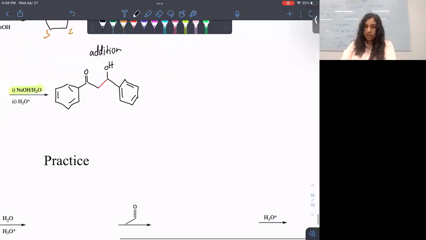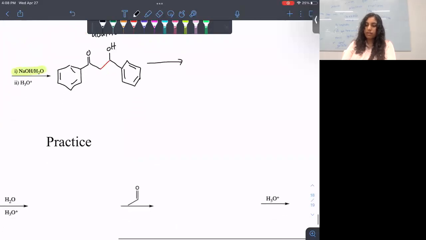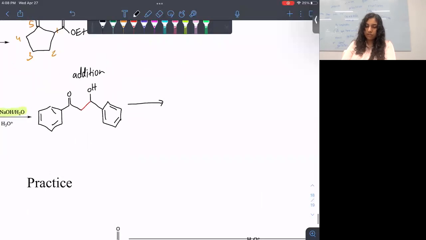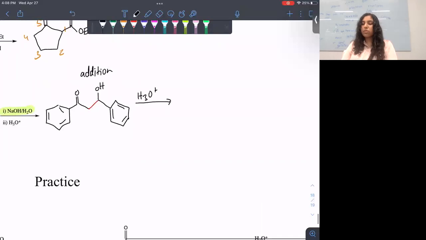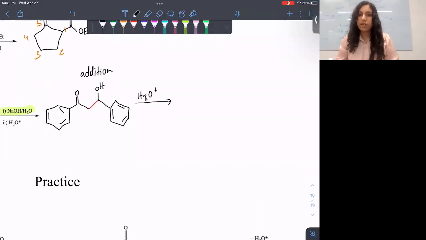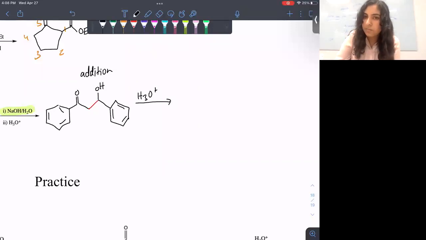What happens next in step 2 with H3O plus? H3O plus is going to give you an acid catalyzed dehydration. So the shortcut for this is finding carbons alpha and beta and then just putting a double bond in between them. So in this case, I'm going to locate the carbonyl. So this carbonyl is carbon 1. The next carbon over is carbon alpha.